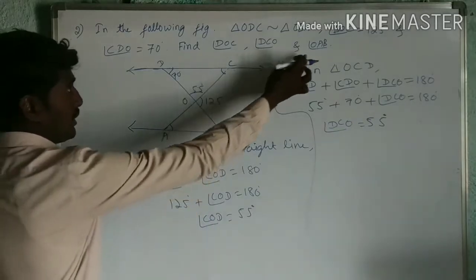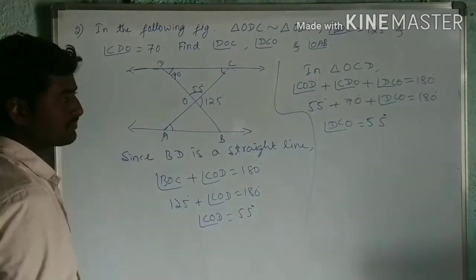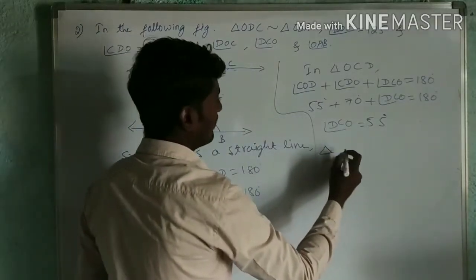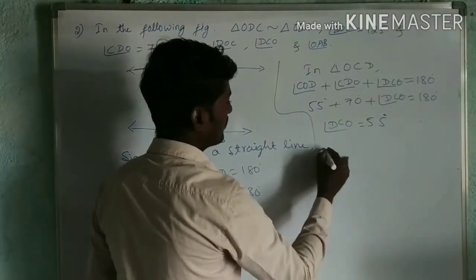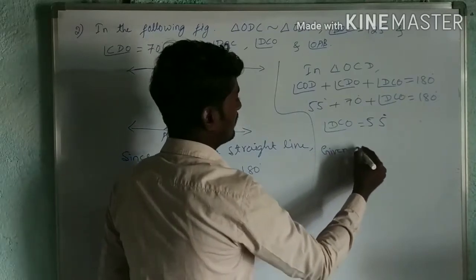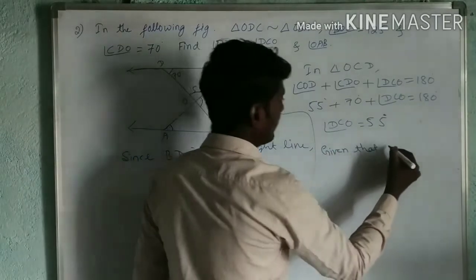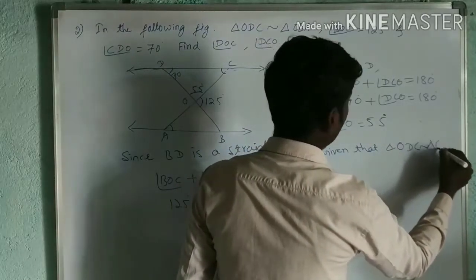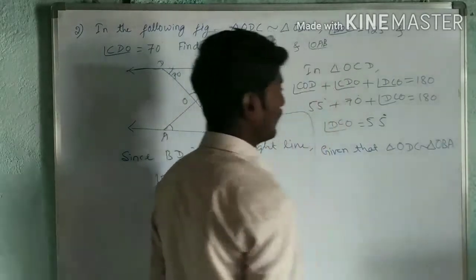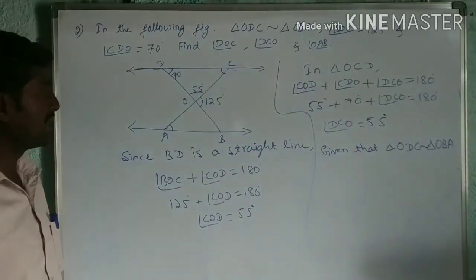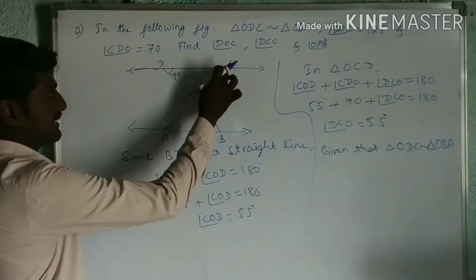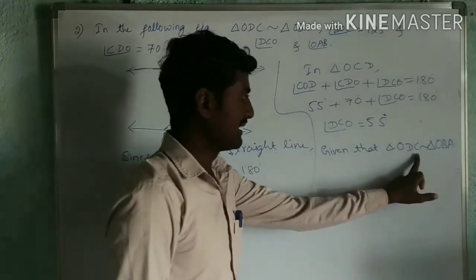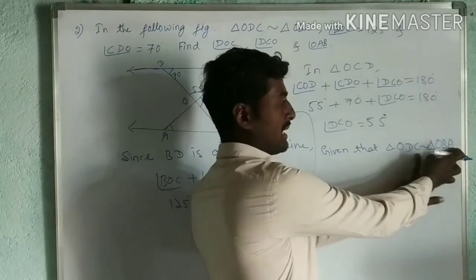Next, OAB, this angle I have to find. They have given that triangle ODC is similar to triangle OBA. ODC is similar to triangle OBA. So it means angle C must be equal to angle A. Am I right?